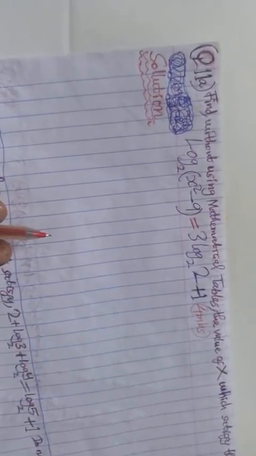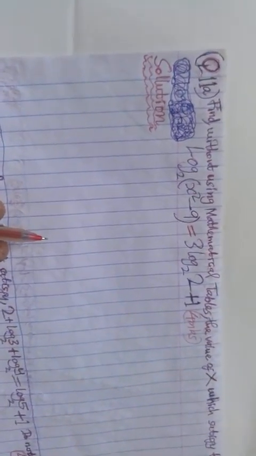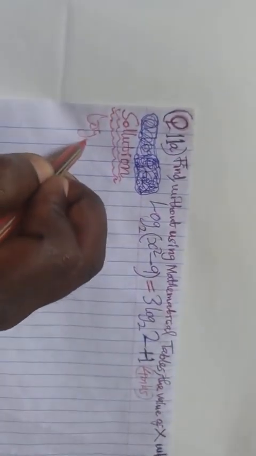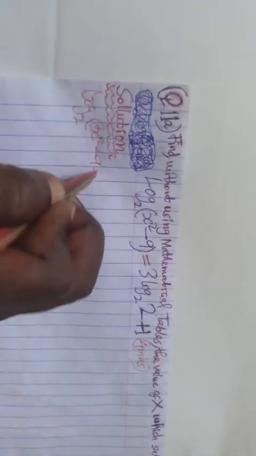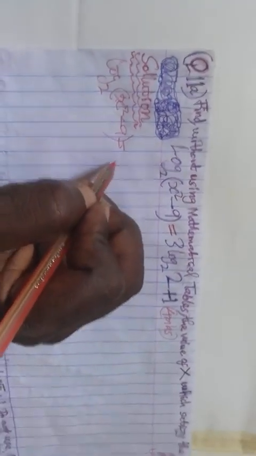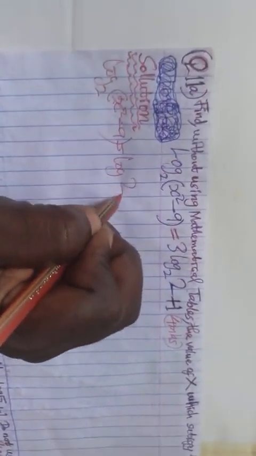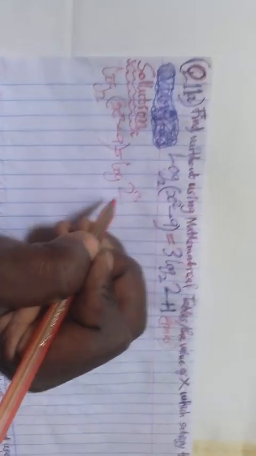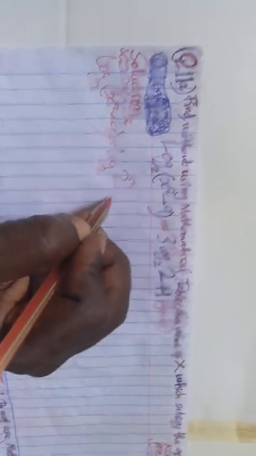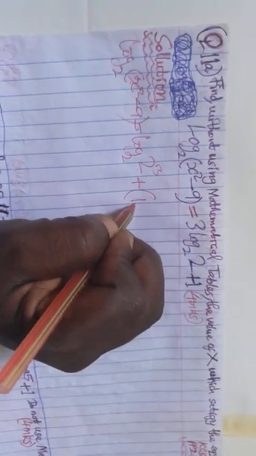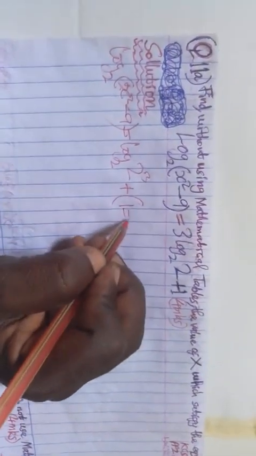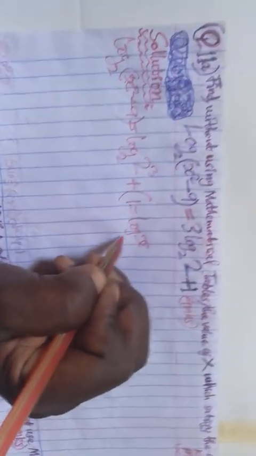Okay, first, to make sure all the coefficients are in logarithm form, hence log 2 into brackets x squared minus 9 is equal to log 2 base 2 power 3 plus brackets 1 is equal to log x base 2.